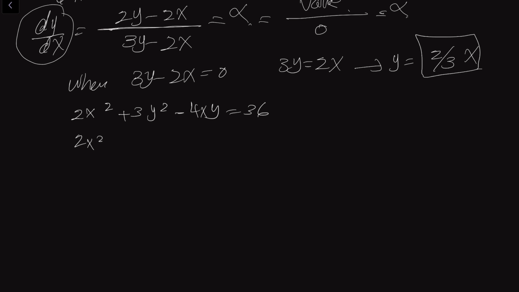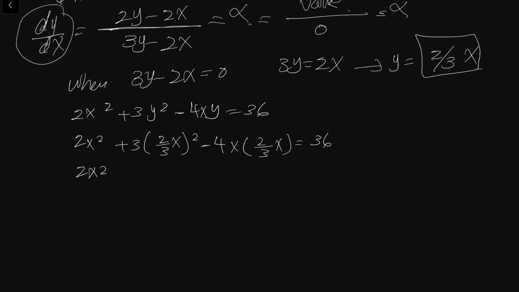So 2x squared plus 3y squared, which is 2 over 3 x squared, minus 4x times y, 2 over 3 x, equal 36.